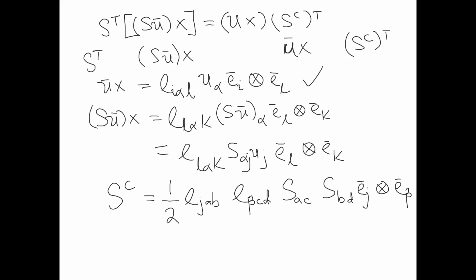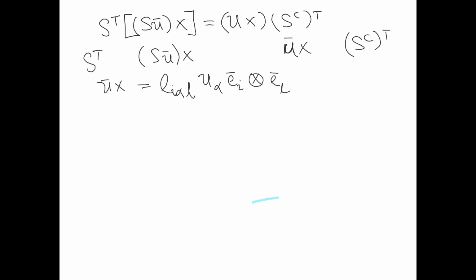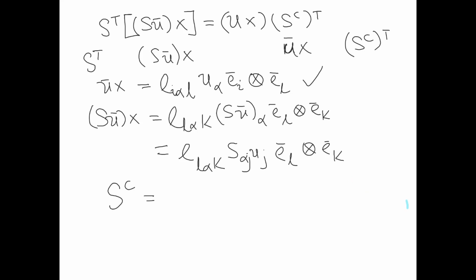So for those that got it and I made a mistake and now got you confused, let me do it again. I want to write the component form of the cofactor. The cofactor has half, two alternating symbols, the tensor appearing twice, and the dyad.